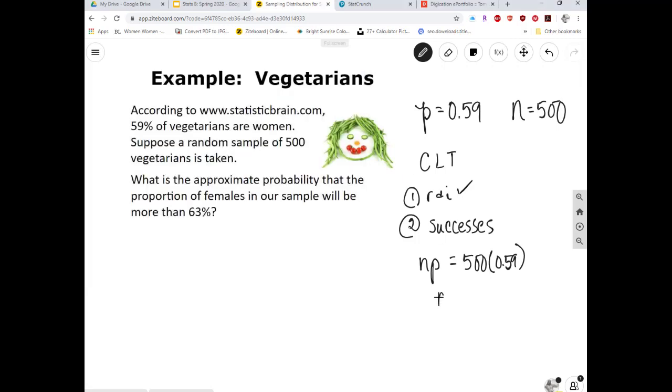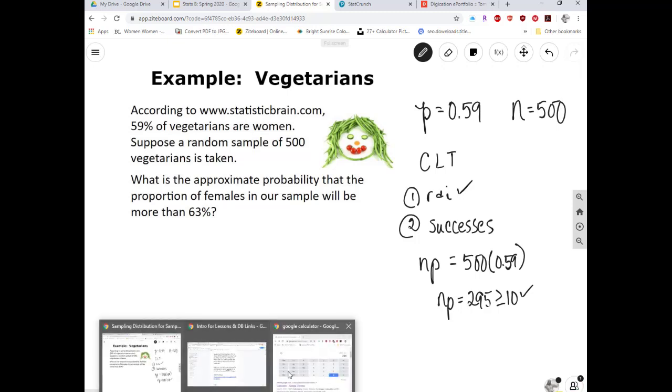So my successes is 295. Is that greater than or equal to 10? Yes, check.